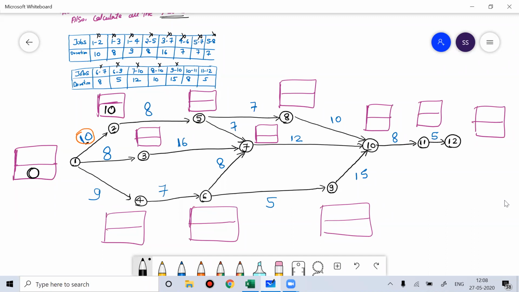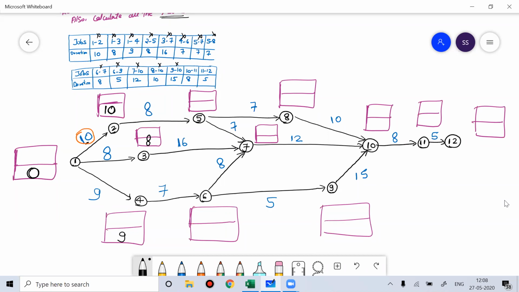If we start with 0 and take 8 hours, it will take 8 hours. Starting with 0, taking 9 hours, it will get over after 9 hours. Very simple.